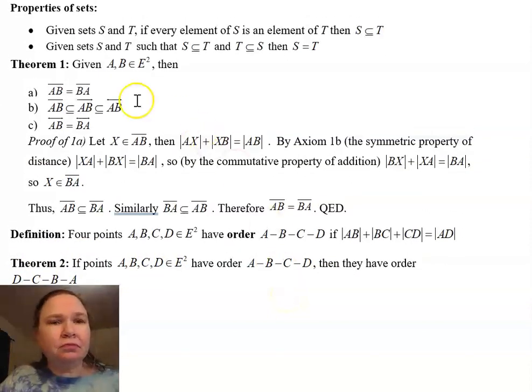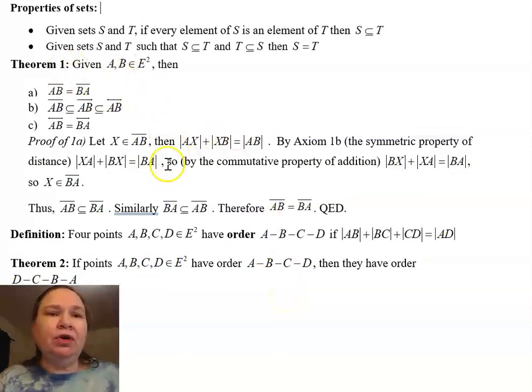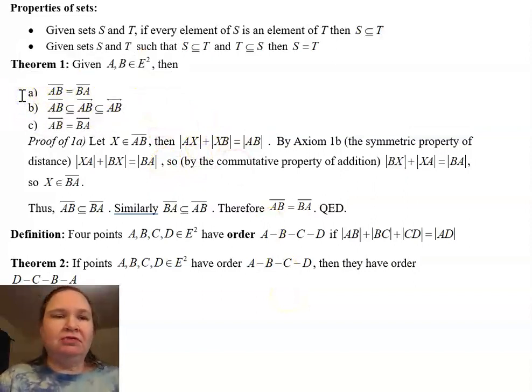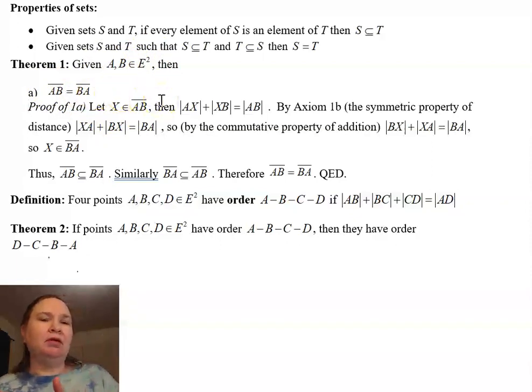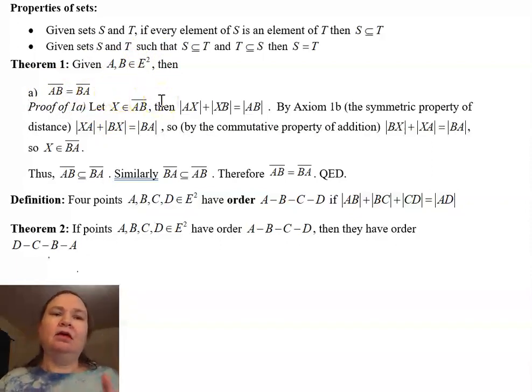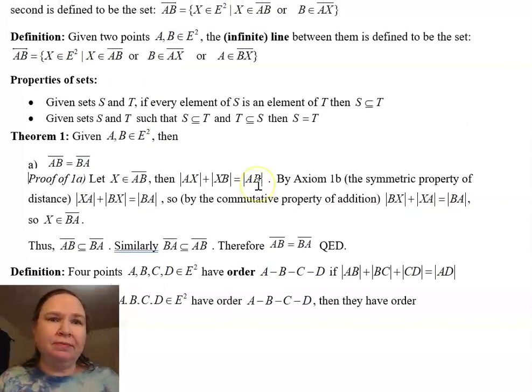So here we have Theorem 1a, and so I'm going to erase a bunch of stuff for now. So we have just 1a. We are going to prove that if you pick any 2 points in the plane, the segment from A to B is equal to the segment from B to A. Now, clearly, I'm going to have to use the definition of a segment.